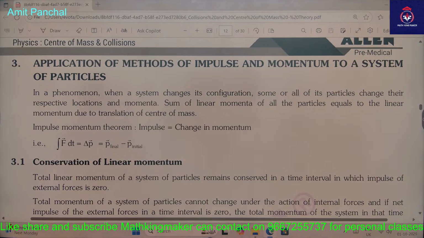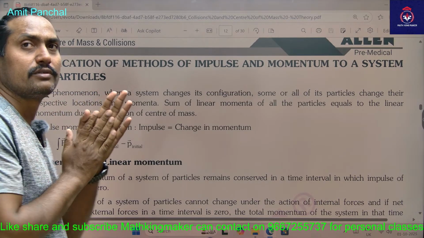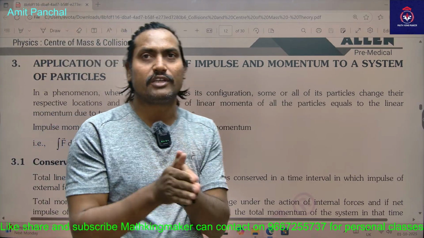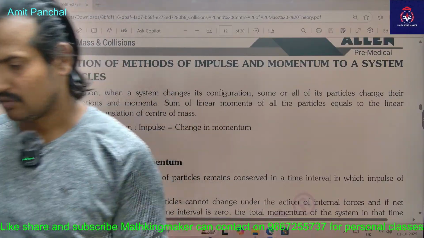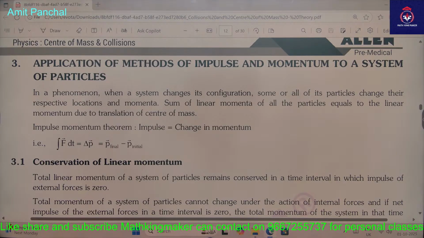Total mv before collision is equal to total mv after collision. So before collision and after collision momentum will be the same. That is the conservation of linear momentum. There will also be conservation of energy inside of it, right? Yes. We'll discuss all things tomorrow.